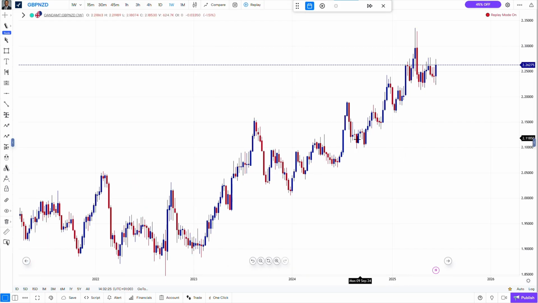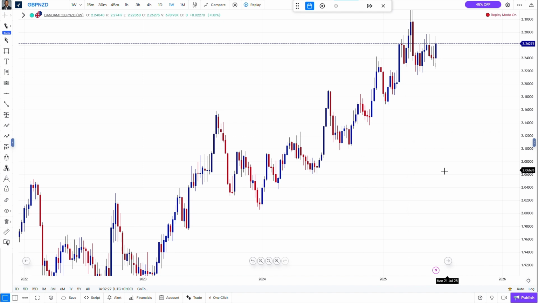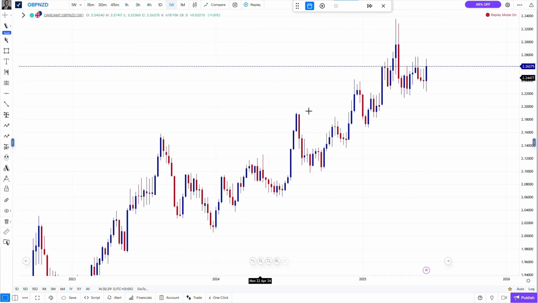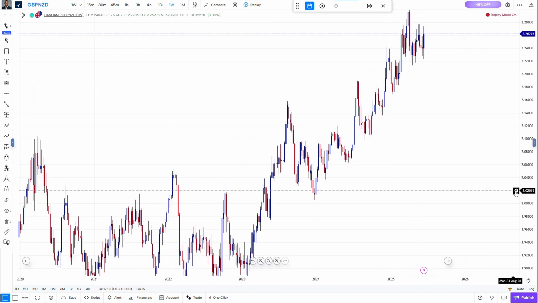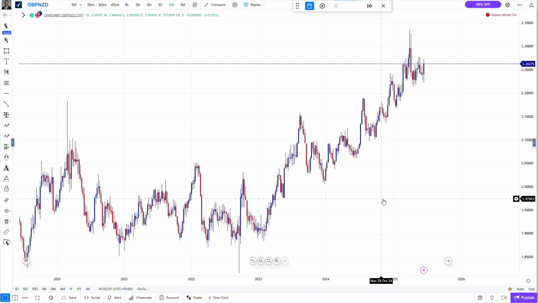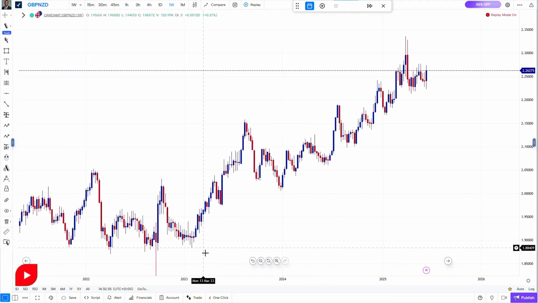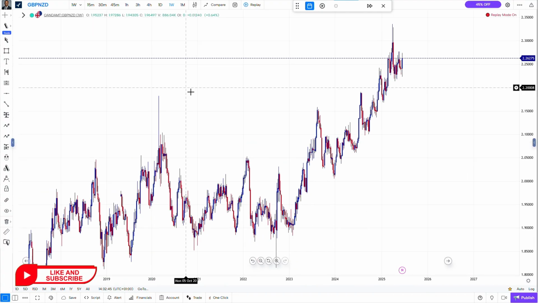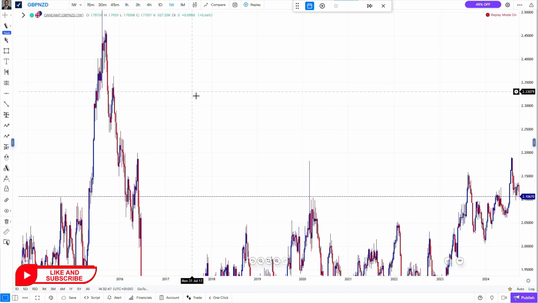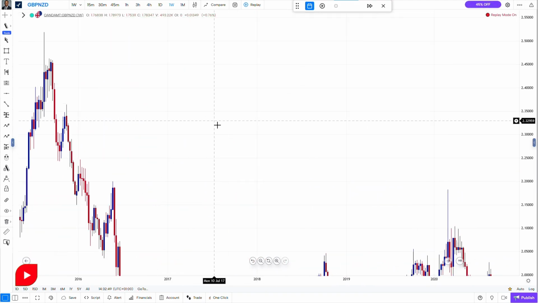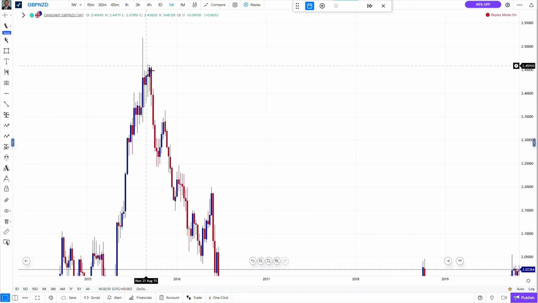And in this case, you can clearly see that on GBPNZD, we are on the weekly time frame. What I first saw on the chart was that market was heavily bullish already, and if you look to the left, you will see that market created a supply zone right here.